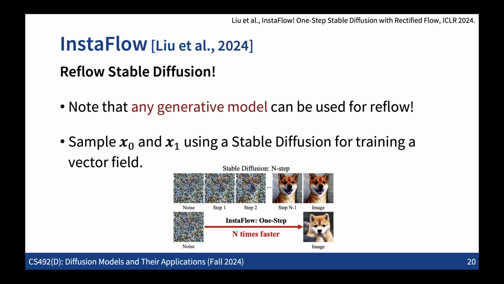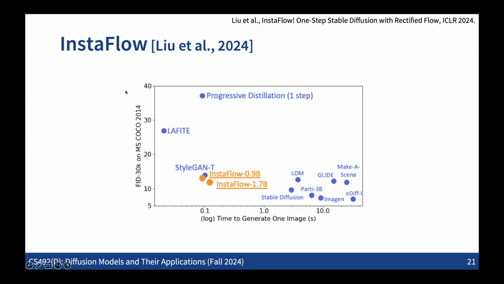Obviously we cannot achieve better quality than Stable Diffusion, because we are using the output of Stable Diffusion as the training data, right? So there is no expectation that we're going to get even higher quality. But the thing is that we can make the trajectory straighter, which means we can run the generation process with way fewer steps.